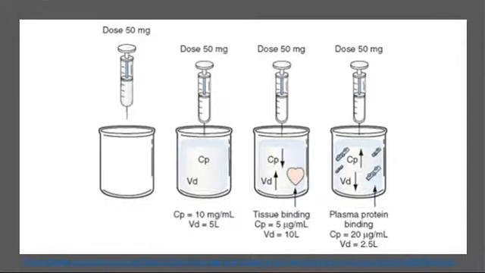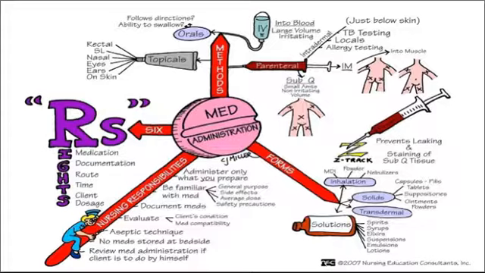This is just giving you a visual image, like a 50 milligram drug that is injected, administered, and there's tissue binding, plasma protein binding, all these different things that affect how much actually gets through. So very little of this drug ends up unbound and actually gets to where it's going.